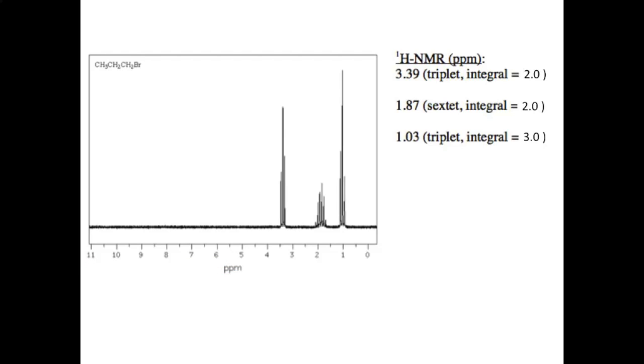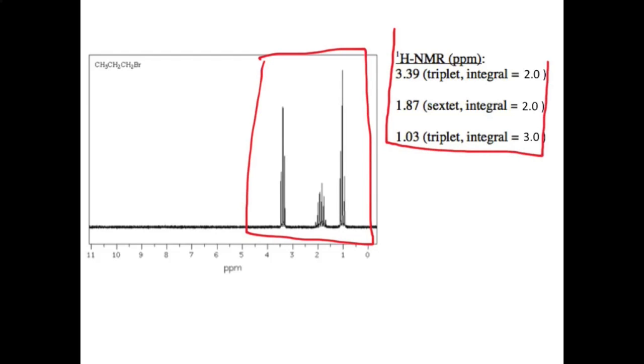We can get information about our molecule really by looking at the spectrum. So here's the spectrum here. Or you can be given this data in the form of a table. In this example I've really given you both.